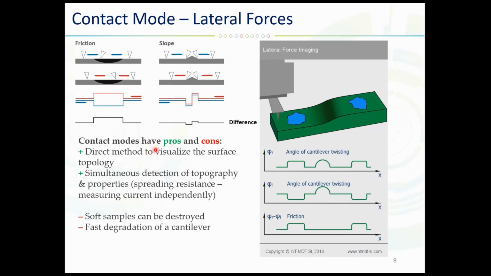And here you can see the advantages and disadvantages. So again, for the disadvantages, the same thing as for all contact modes, that soft samples can be destroyed, and the cantilever also does not last very long, because it is in constant contact with the sample.